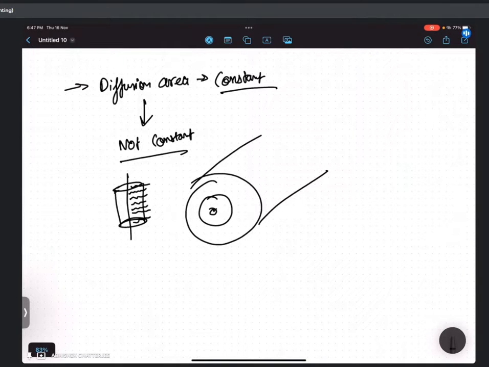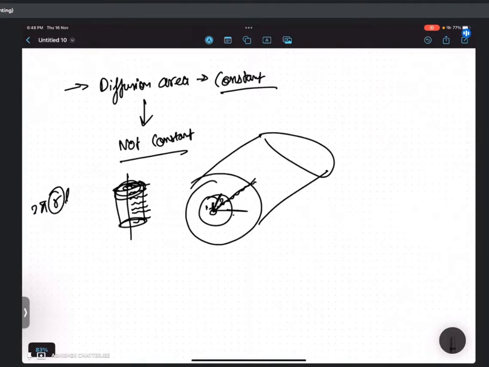As the diffusion goes on, the area also changes, because the area is the curved surface area. The curved surface area is 2 pi r l. As r changes, like from here to here, let r be 1 centimeter. From here to here, r will be 2 centimeter. From here to here, r will be 3 centimeter. From here to here, r will be like 6 centimeter.